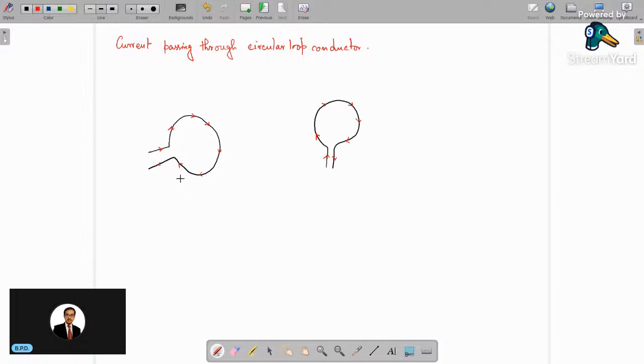Now if this is the way that current is passing, then you can consider this much portion as a straight conductor. Then what will be the magnetic field?